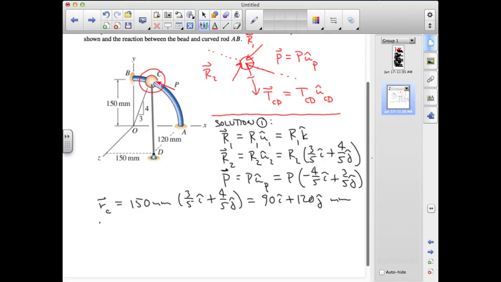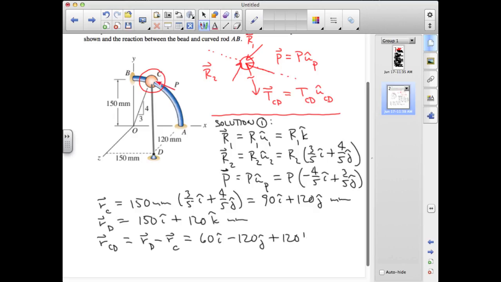It's also the case from the figure that the position vector to D is equal to 150 millimeters in I plus 120 millimeters in K. And so the position vector from C to D is RD minus RC, and that's equal to 60 millimeters in I minus 120 millimeters in J plus 120 millimeters in K.